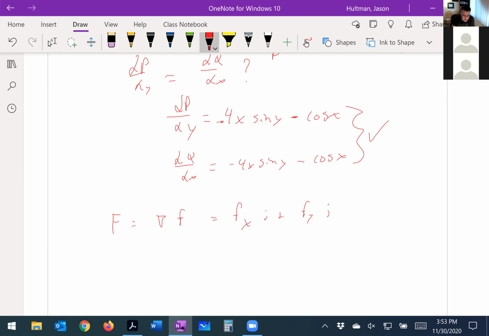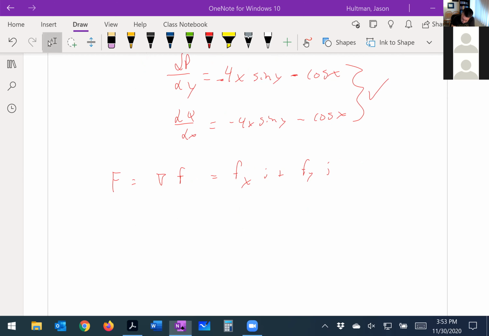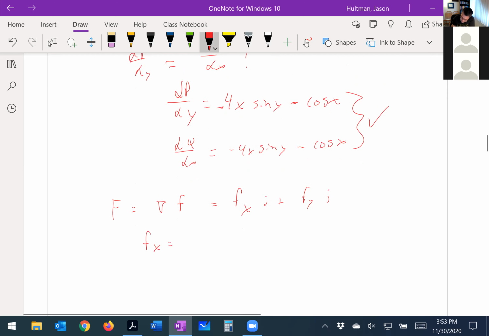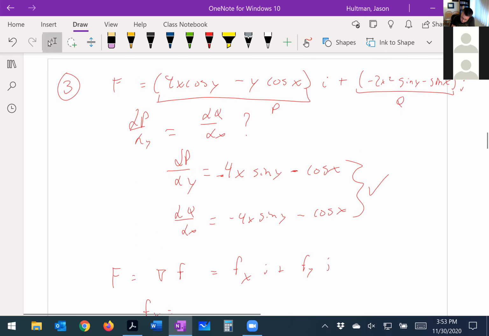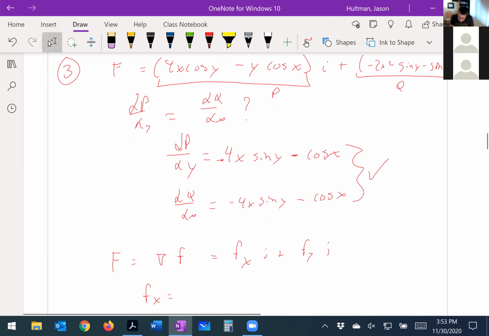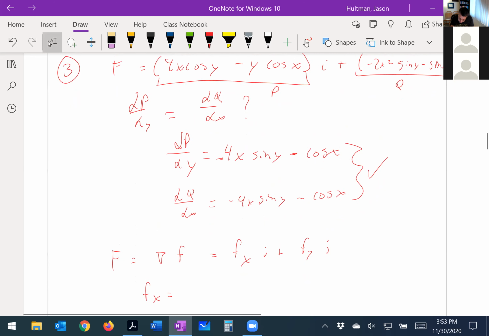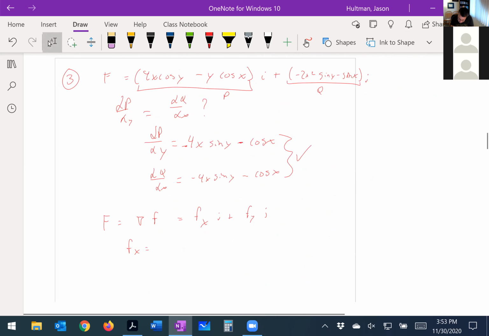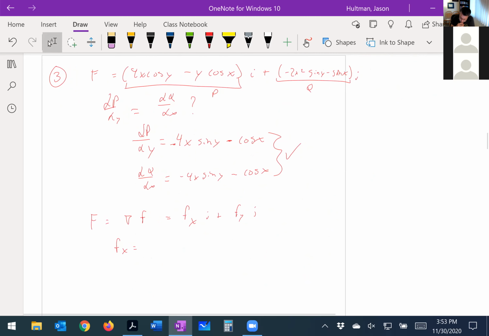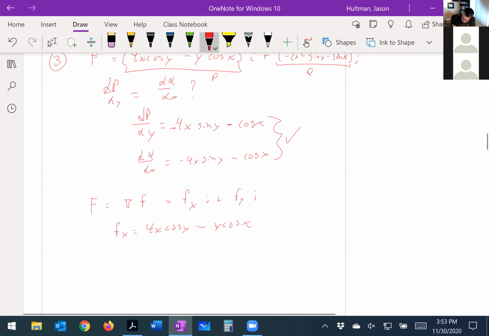Okay. So we need to find out what's the f sub x. Well, f sub x was equal to the original, right? So f sub x is equal to 4x cosine y minus y cosine x. Okay, so now I want to integrate this thing with respect to x.